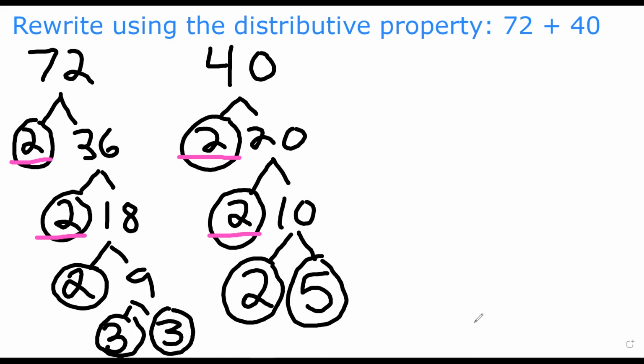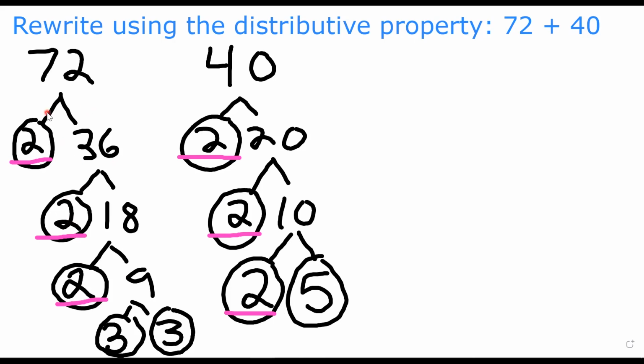What other numbers do you see that these both have in common? Yet again, they have the number 2 in common. So let's underline those one more time on each side. Do you see any more numbers that both of these trees have in common?